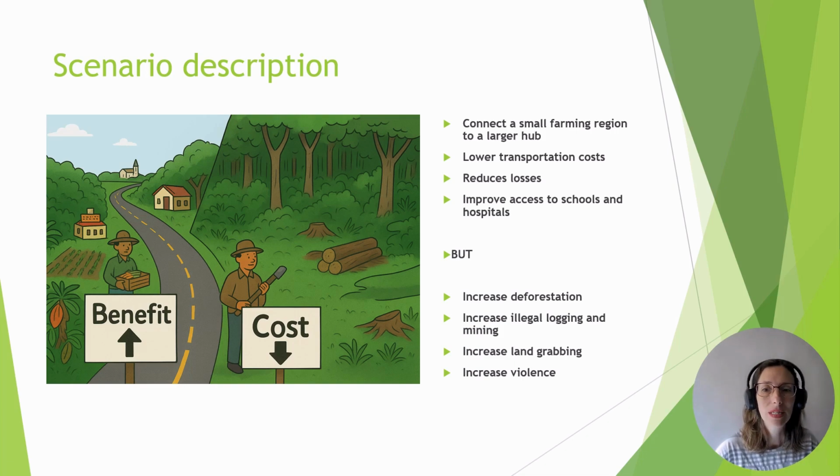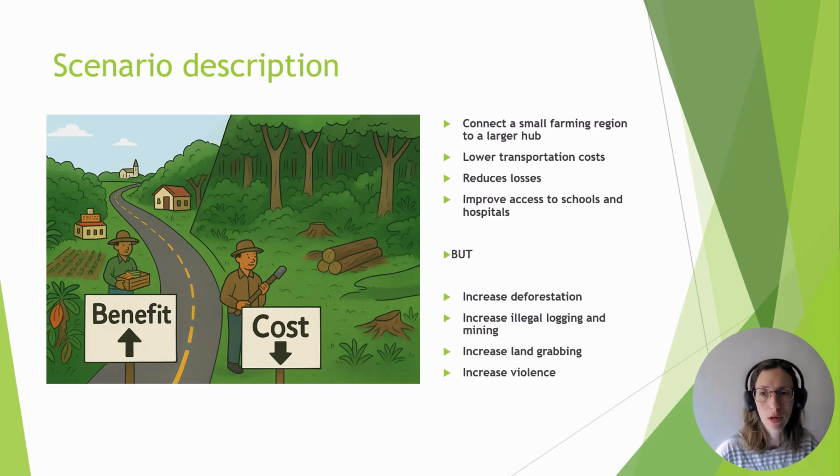The second reason is lowering transport costs. Moving goods is expensive here, especially compared to farmers in better connected regions. And the third reason is reducing losses. In the rainy season, travel slows dramatically or even becomes impossible.